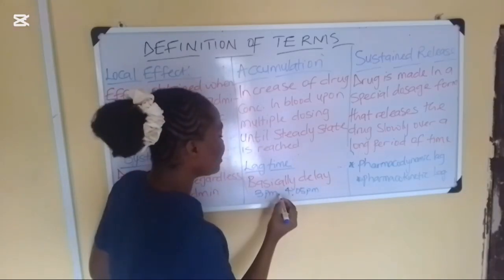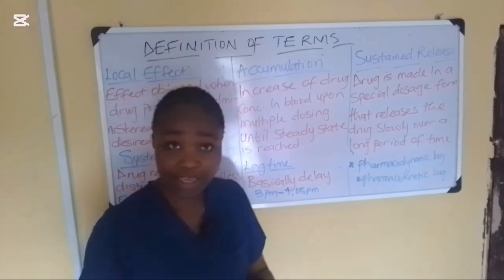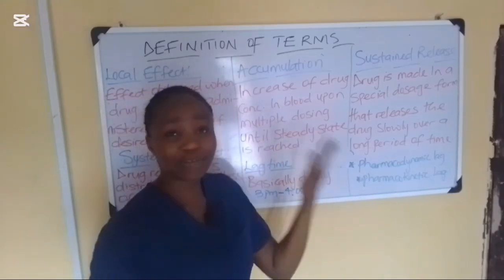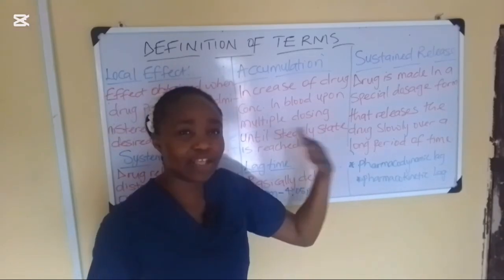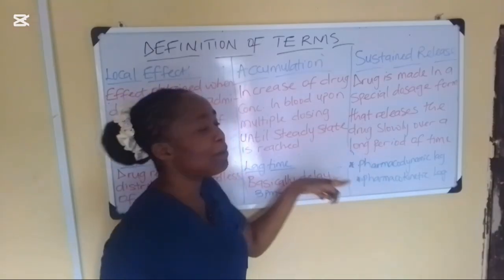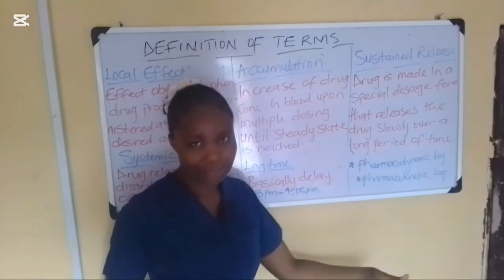The timing between 3 p.m. and 4:05 p.m., between the time the drug was administered and the time the drug finally got to the bloodstream, is the pharmacokinetic lag time.